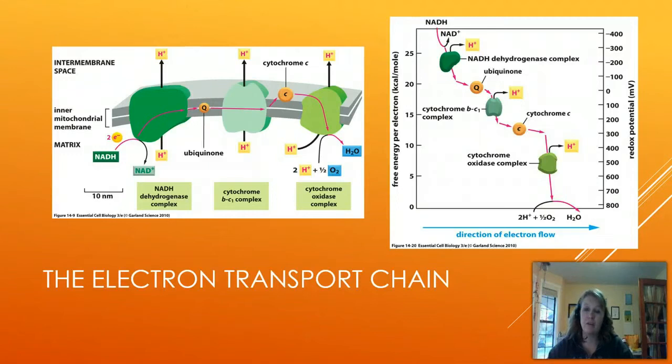Now, after the electrons are shuffled around inside the cytochrome oxidase complex and have all of the energy removed from them, they will be delivered to the final electron acceptor, which is molecular oxygen. When molecular oxygen meets these electrons and some new protons, we're going to form water.